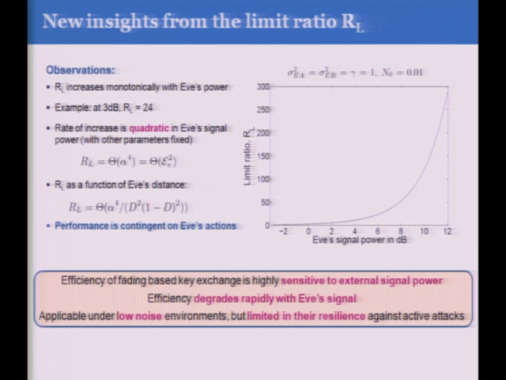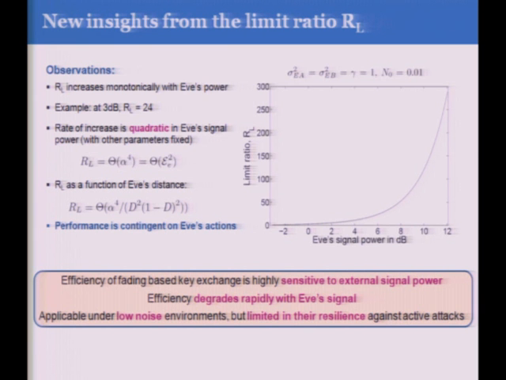And so the conclusion that you can get from this is basically that the performance of this whole key exchange process is contingent on what Eve's actions are. Depending upon what Eve chooses as signal power, the performance of your scheme will get affected.